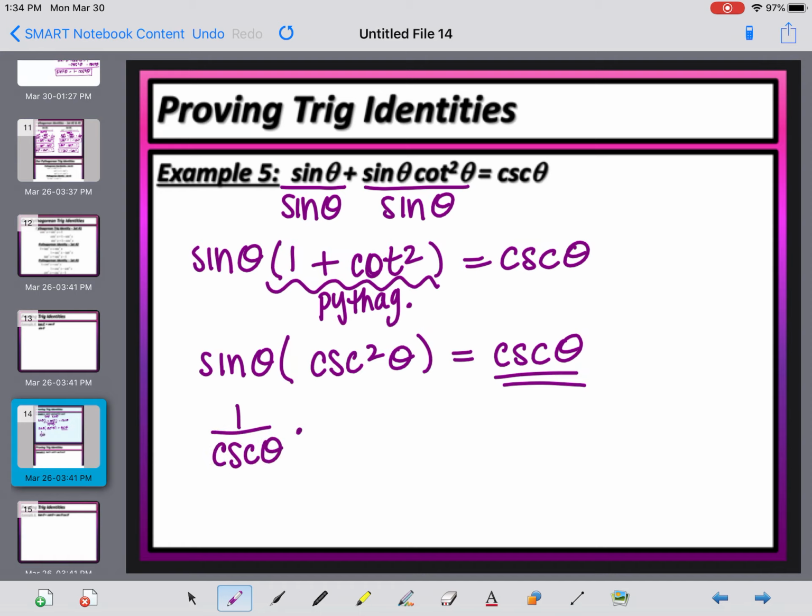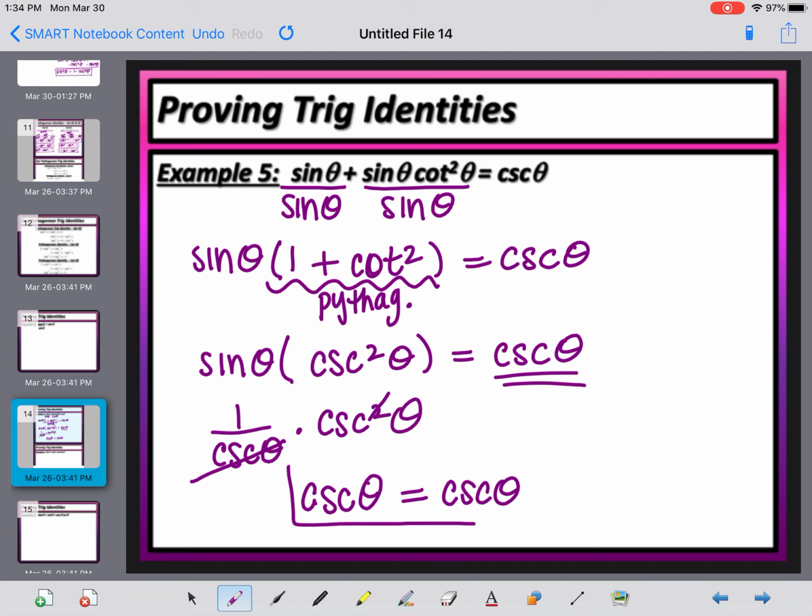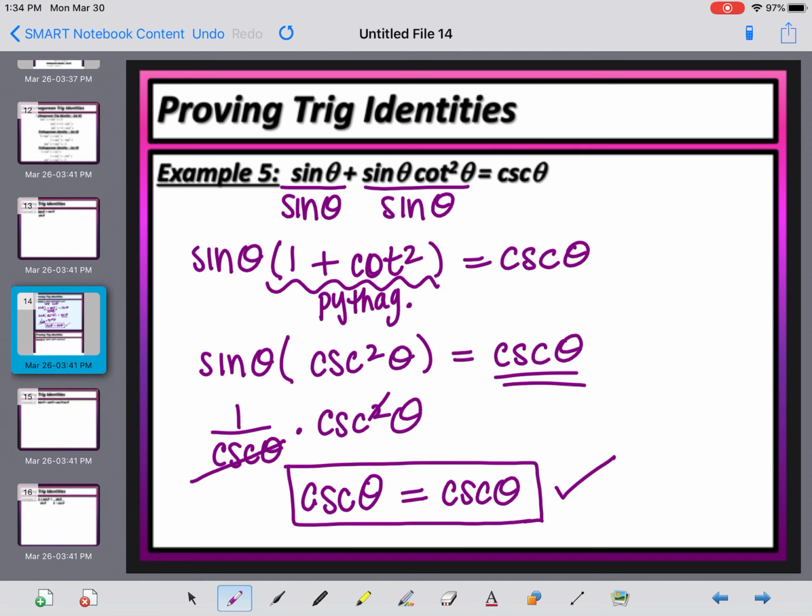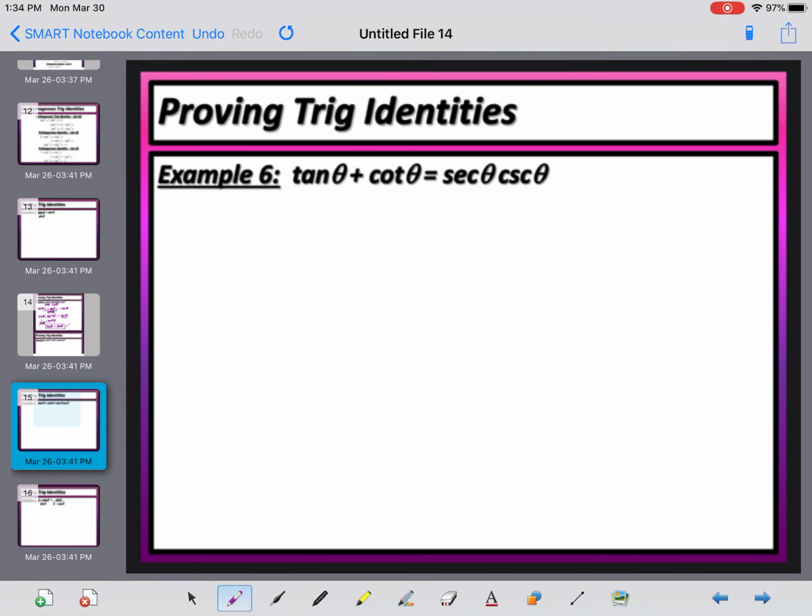Well, sine is the same thing as 1 over cosecant. And if I write it that way, I can cross cancel this on the bottom with one from the squareds. And that would leave me with just a single cosecant, which is what it's supposed to equal on the opposite side. Okay, and I've therefore proven that this identity is true.